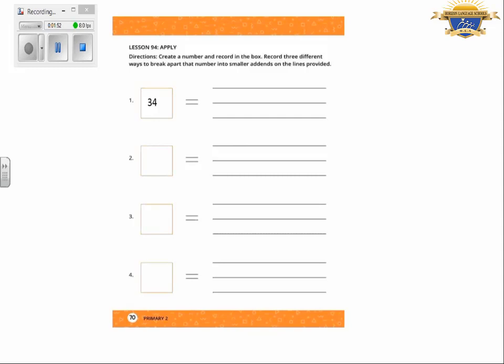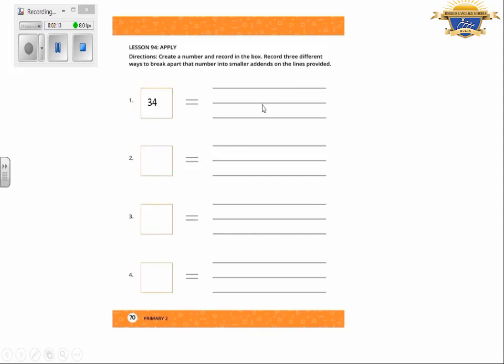So we will decompose number 34 into tens and ones. As you can see, we have here 4 ones with a place value 4 and 3 tens with place value 30.